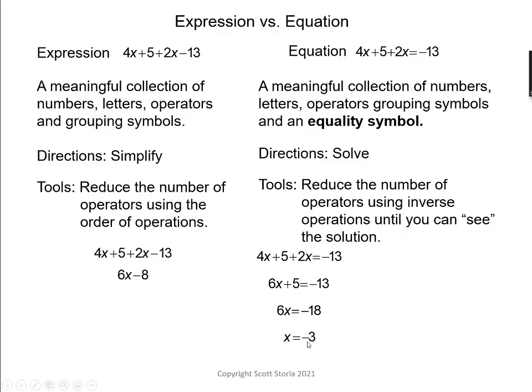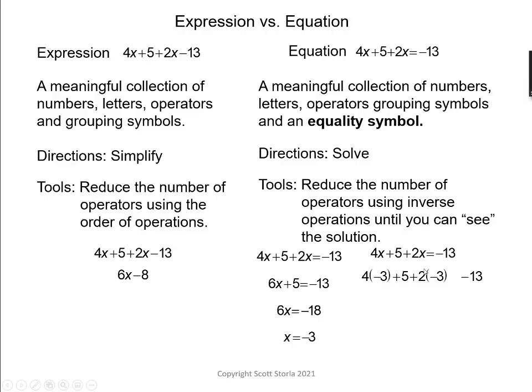Negative 3 is a solution as long as when we replace x with negative 3 and simplify, we actually get negative 13. And the way we do that is we set up two expressions. Here's the expression on the right, which is negative 13, and here's the expression on the left, where we have substituted negative 3 for x.